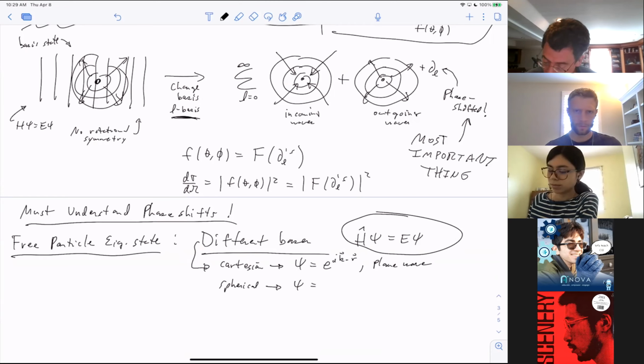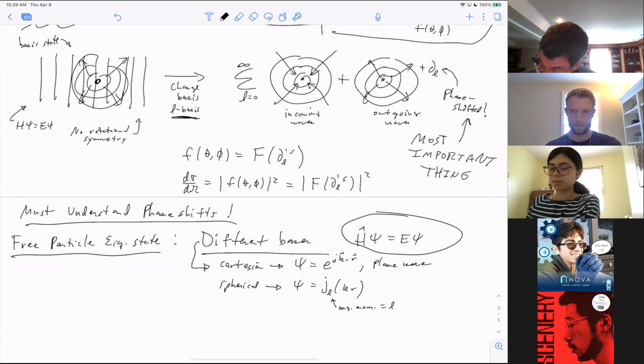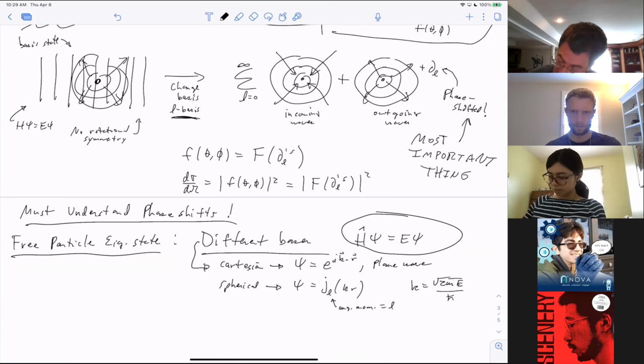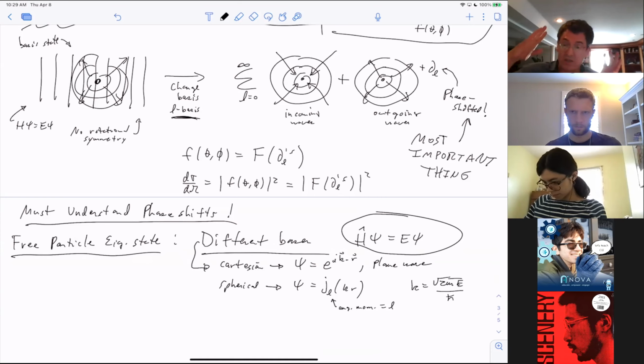Okay, that's fine. It's a Bessel function, j sub l of k r, and it has well-defined angular momentum. Angular momentum equals L, and k is the energy, because remember k is equal to the square root of 2mE over h bar. So when I say k, I'm really referring to the energy, because it has no direction.